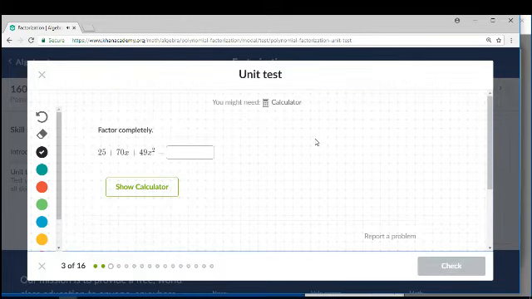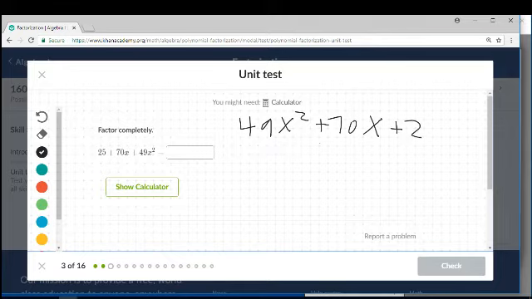All right. 49x squared plus 70x plus 25. We need to factor this completely. Well, let's rewrite it the way I like to do it. 49x squared plus 70x plus 25. Here's what we can do.